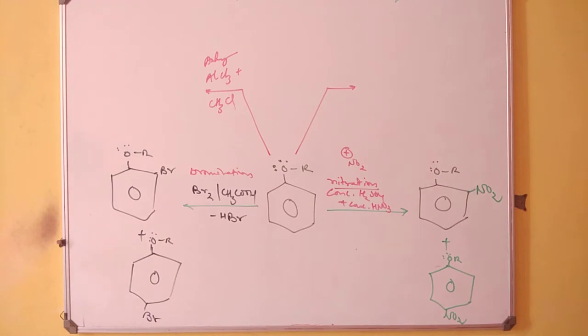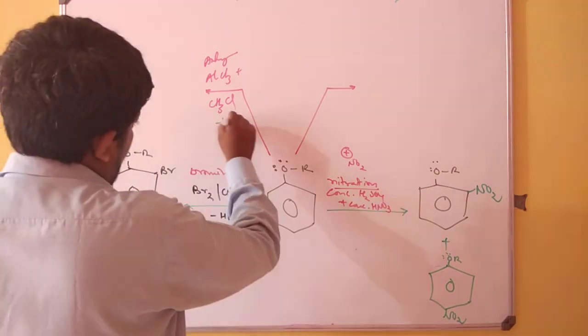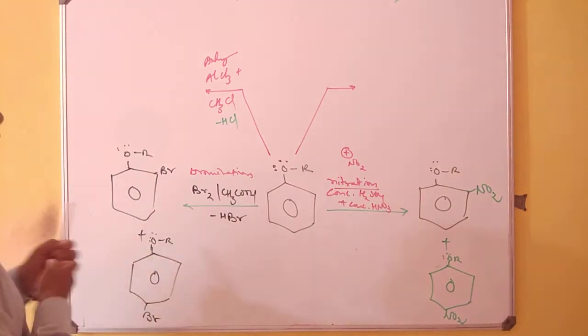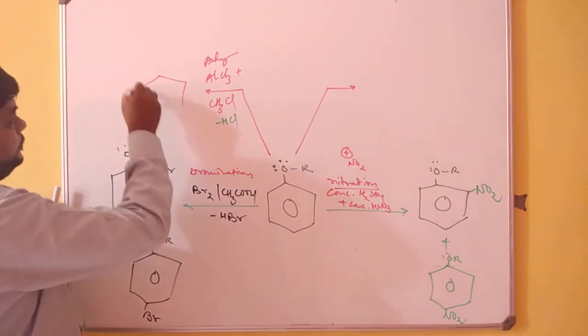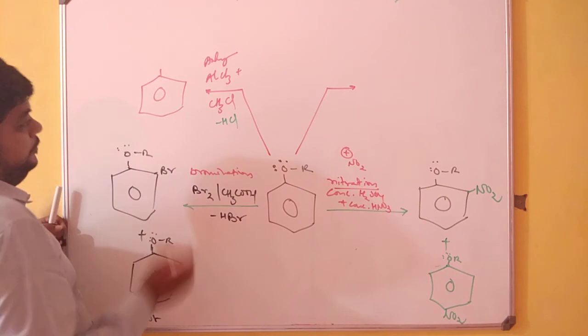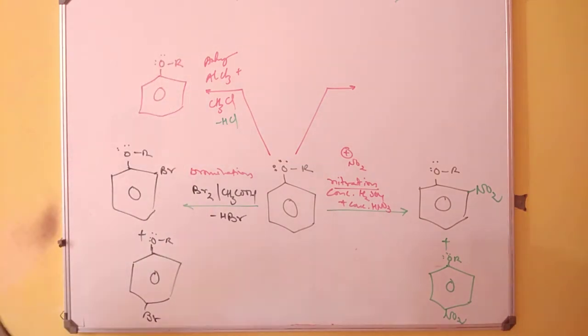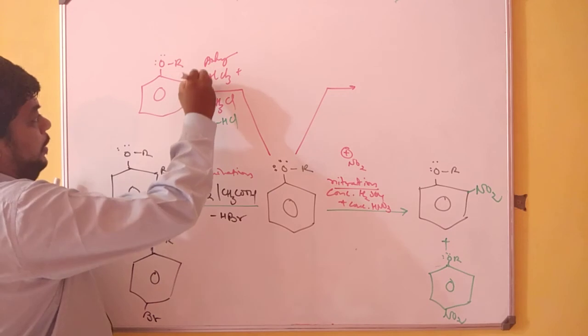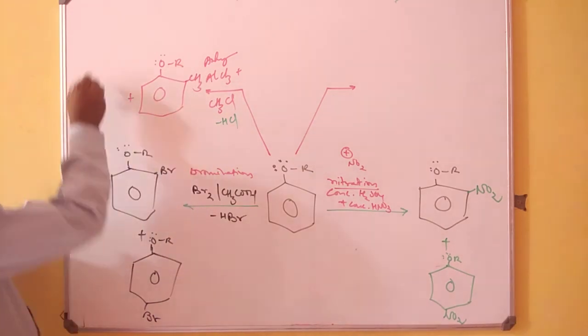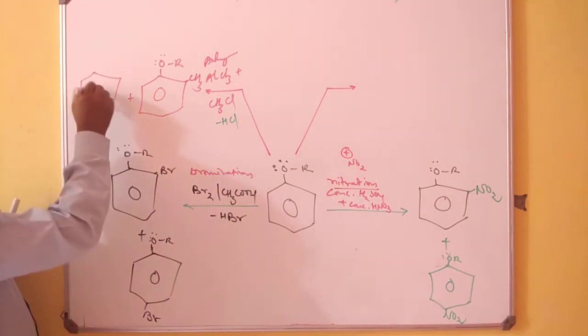So whenever we mention CH3Cl, we are very clear that we are just trying to undergo alkylation. So we will get a mixture of two products again, like this.